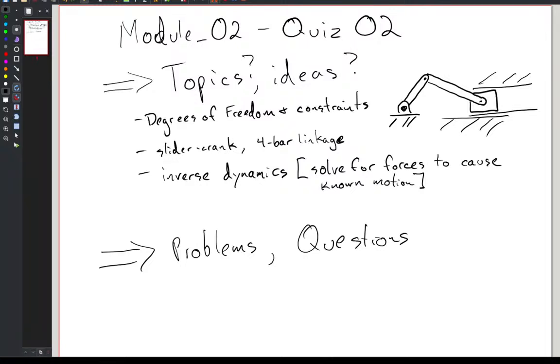Sorry. On the first quiz, I was supposed to make a kinetic diagram. How would that work for these types of setups, like the 4-bar linkages? If you were trying to look at the kinetic diagram of a 4-bar linkage, each moving part would have a kinetic diagram.